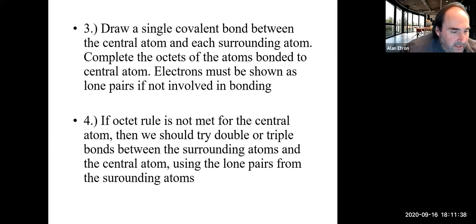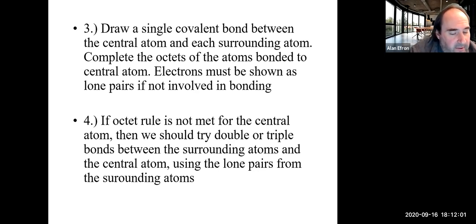Now, once you have the arrangement and the total number of electrons, you want to make a single bond from the center atom to each of the outside atoms. I personally use lines, so you make one line from the center atom to each of the outside ones. Figure out how many electrons that is and subtract it from your total. You will then have some electrons left over.